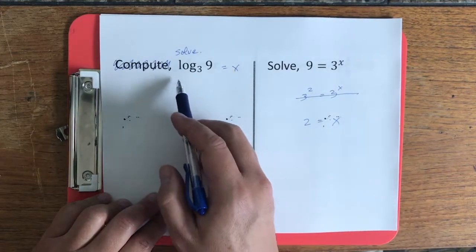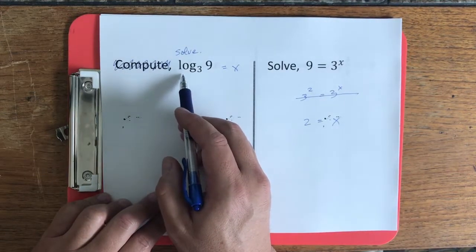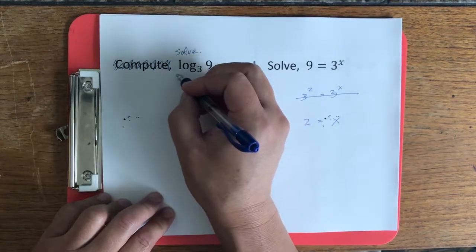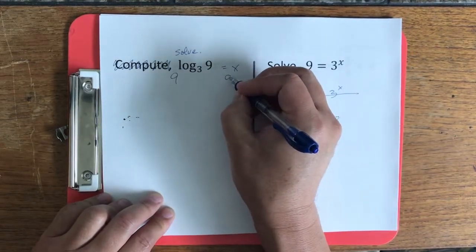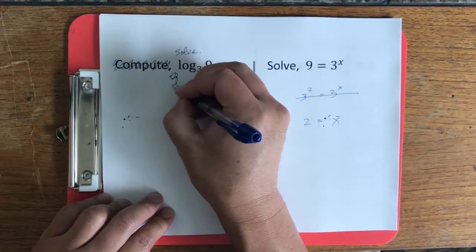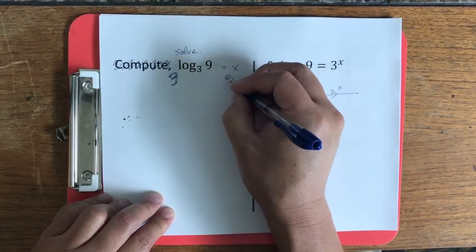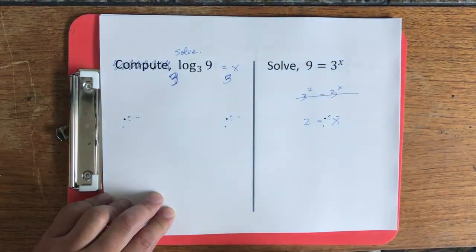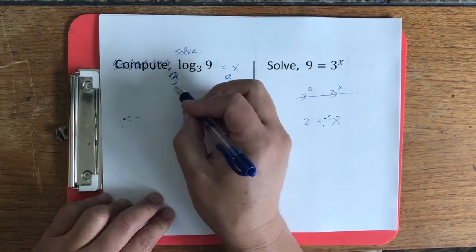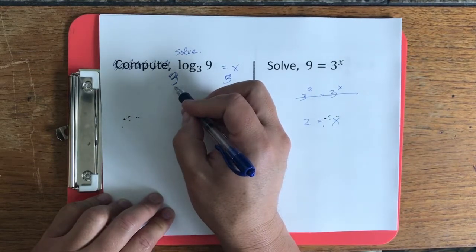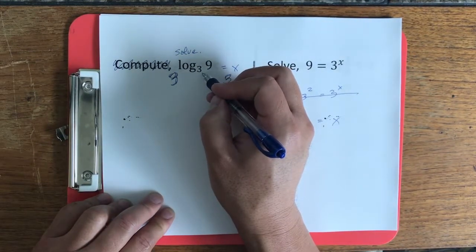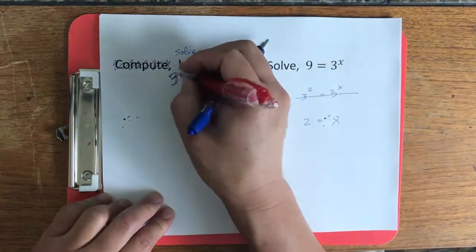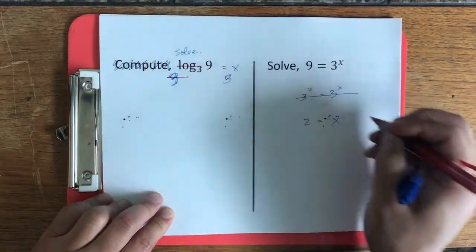So what I want to do with this problem is cancel the log by applying an exponent to both sides. Oh, I'm sorry. Make this a 3. Make this side a 3. Now, this 3 will cancel out the log. So this 3 here will cancel out that log.